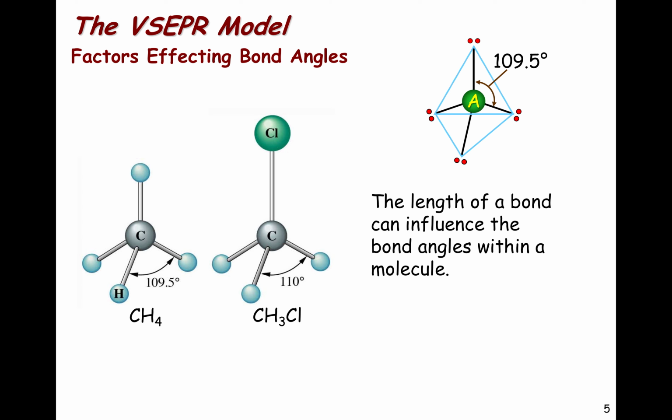As a result, the electrostatic interactions between the hydrogen atoms are slightly greater than the interaction between the hydrogen and the chlorine. This causes a distortion so that the HCH angle increases slightly at the expense of the HCCl bond angle.